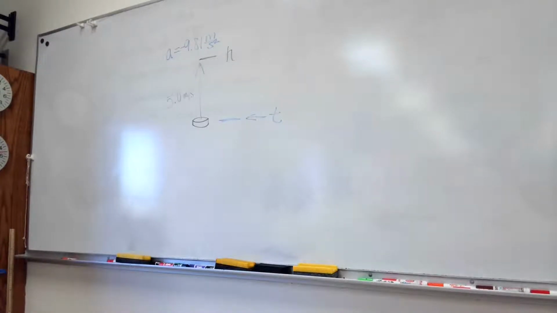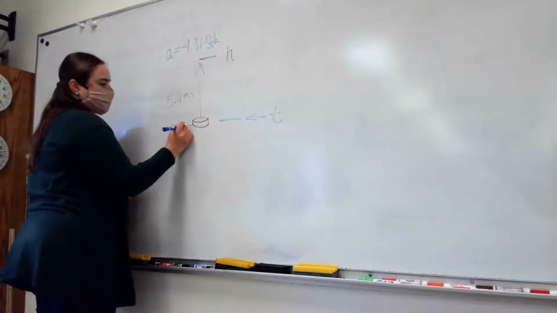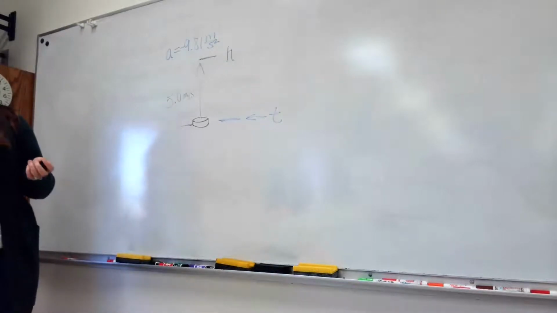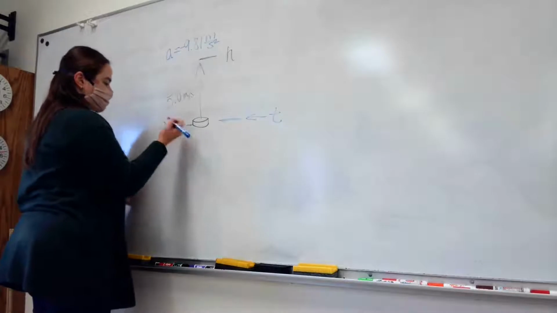Other things we might want to know: where it started. That's definitely a good thing to define. In this case, because we can define it, let's call it 0. That'll make our life a lot easier. So we're going to call this 0 meters.